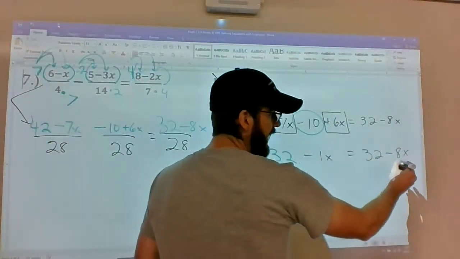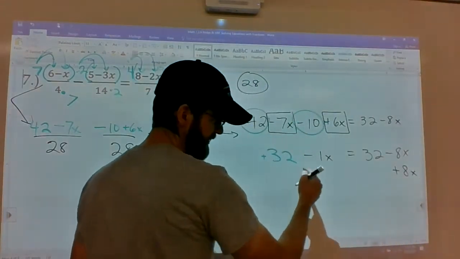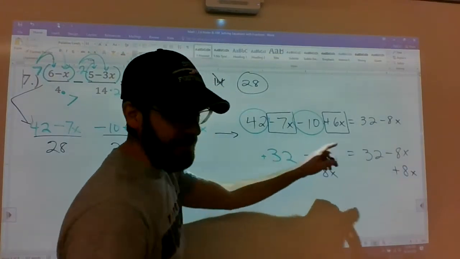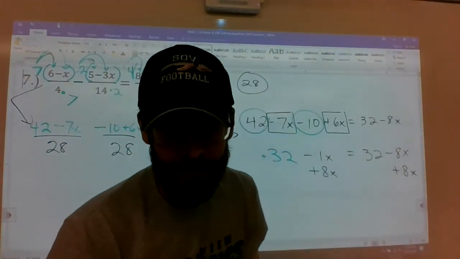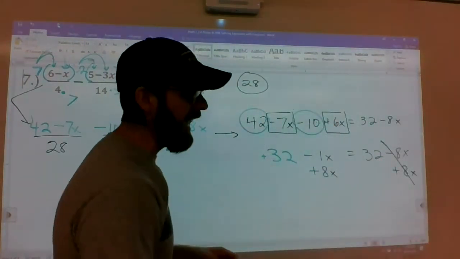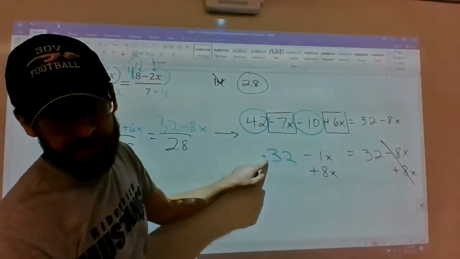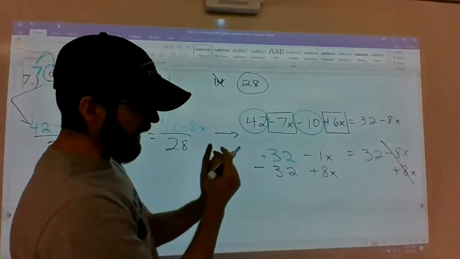I want to get the x terms to the left-hand side. That eliminates those eights on the right. At the same time, I can move this positive 32 to the right-hand side.